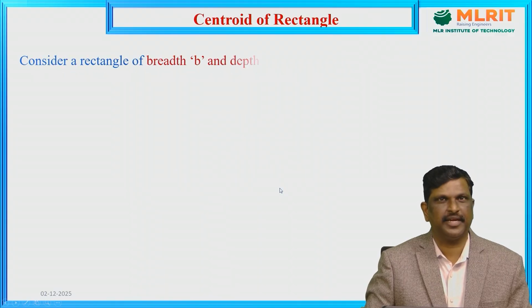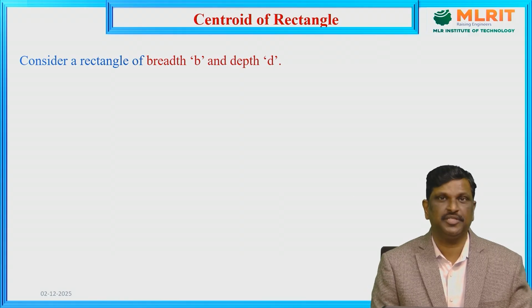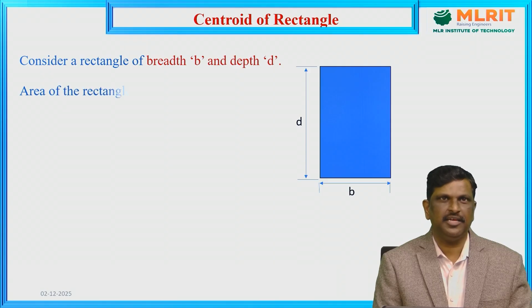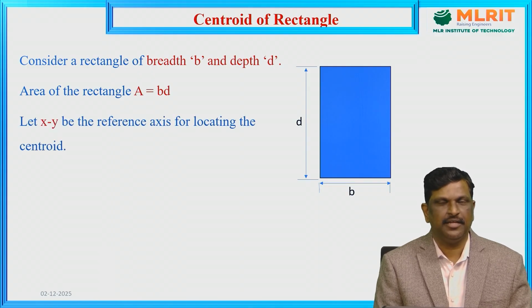Consider a rectangle of breadth B and depth D as shown in the figure. The area of the rectangle, capital A, is given by B into D, breadth into depth. Let xy be the reference axis for locating the centroid of the rectangle.